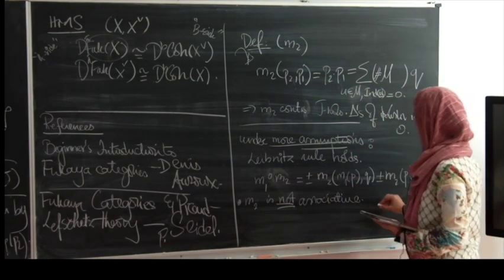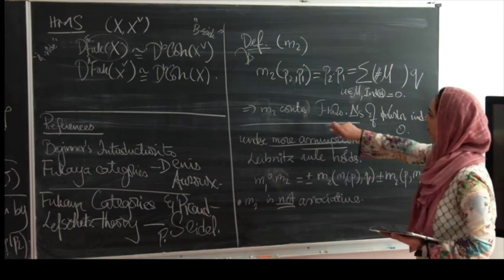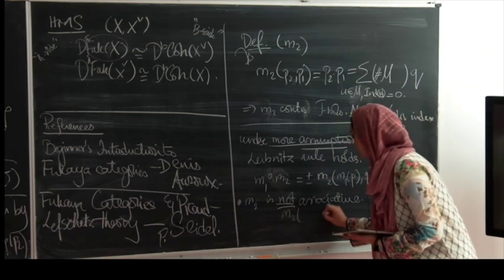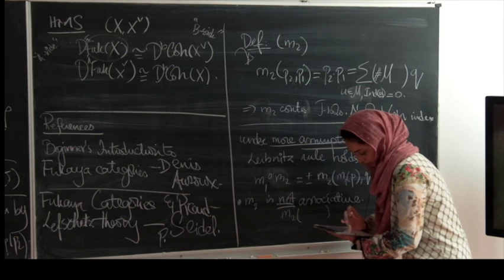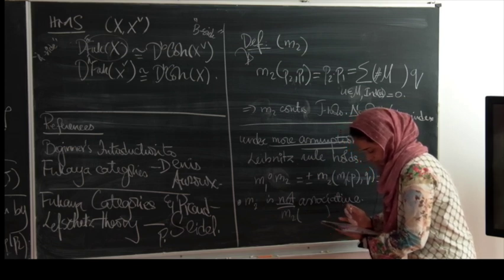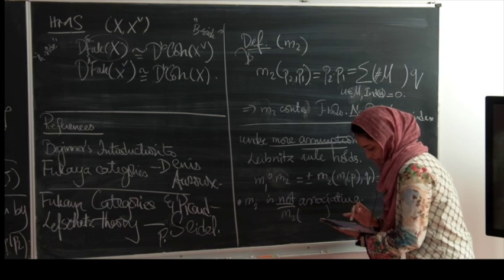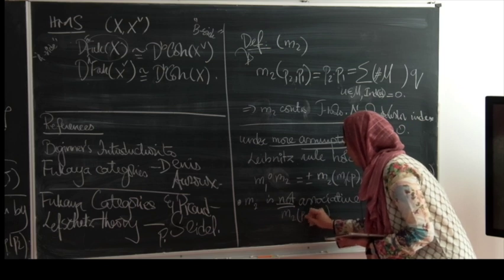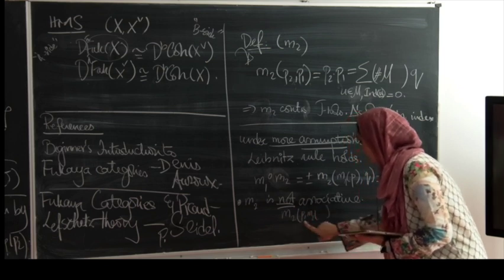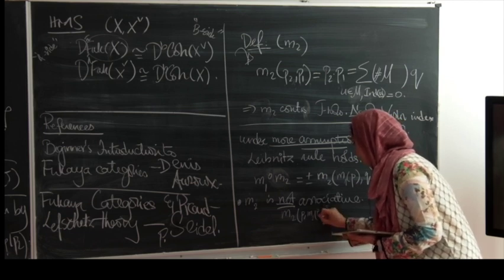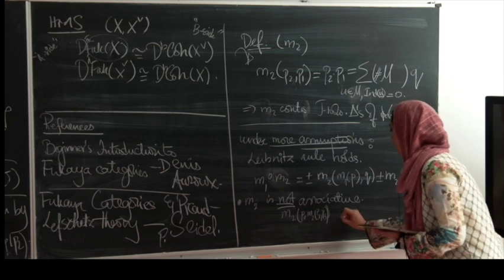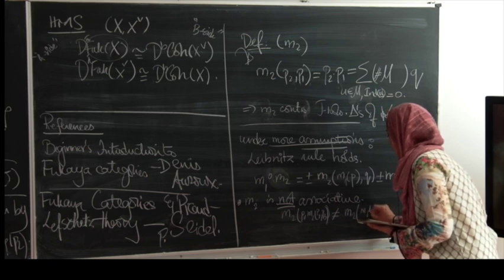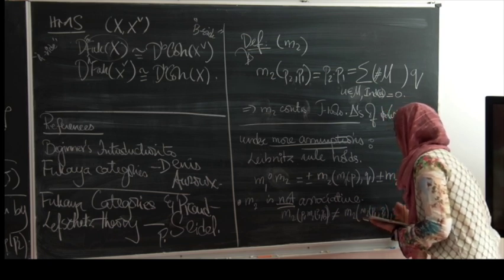What does that mean? That means if I extend this product to three points coming together, let's say P1, P2, P3, then M2 of (M2 of P1, P2), P3 is not necessarily equal to M2 of P1, M2 of (P2, P3).